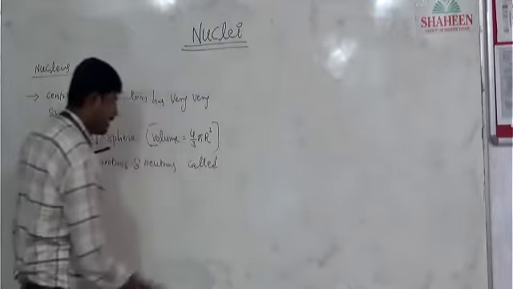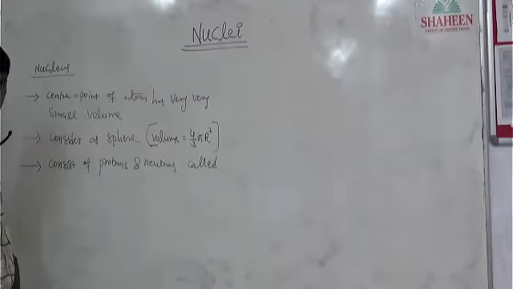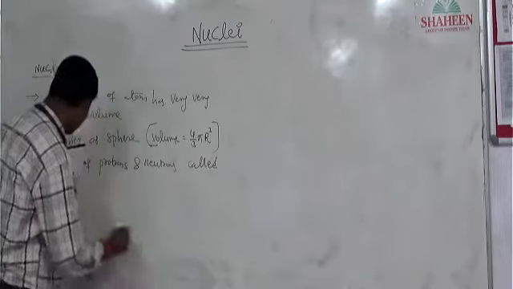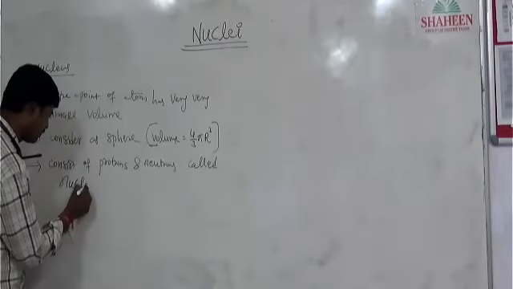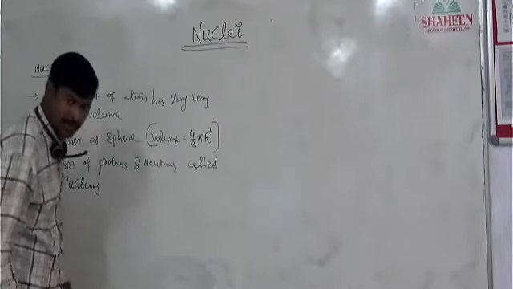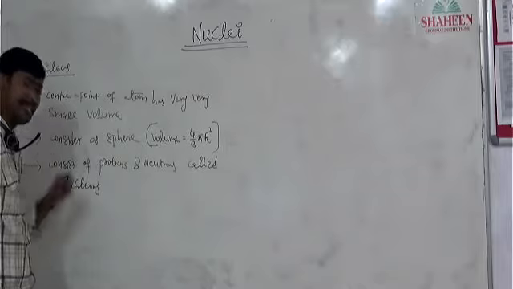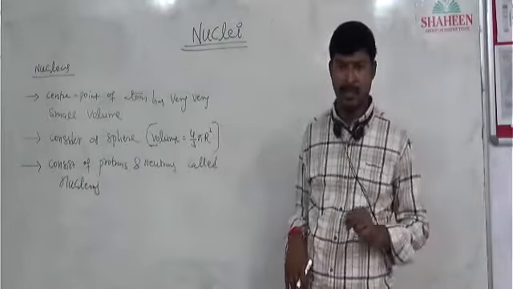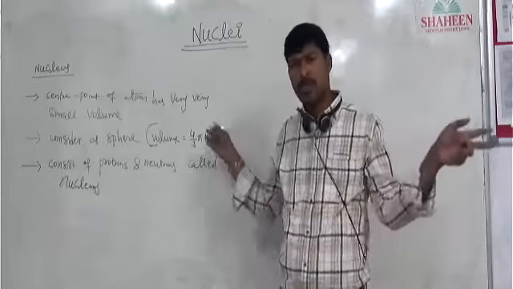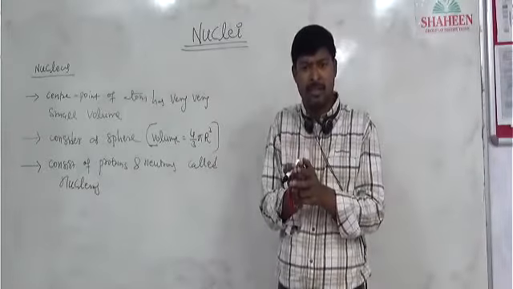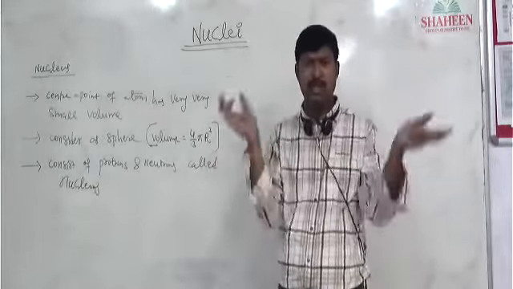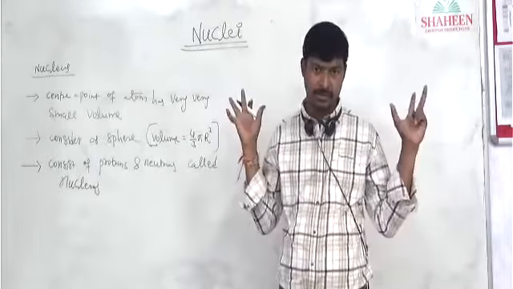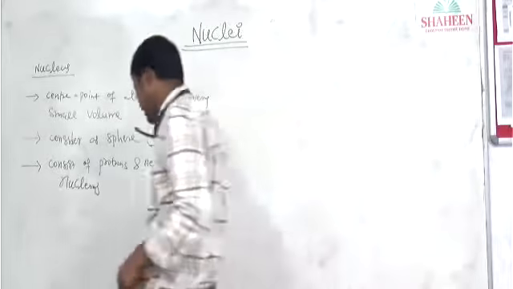The particles which are present inside the nucleus are called nucleons. Inside the nucleus, protons and neutrons will be present, and the total number of these particles we call nucleons. So nucleus consists of nucleons. Clear? Very good.